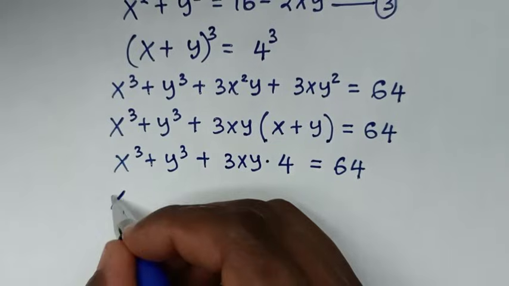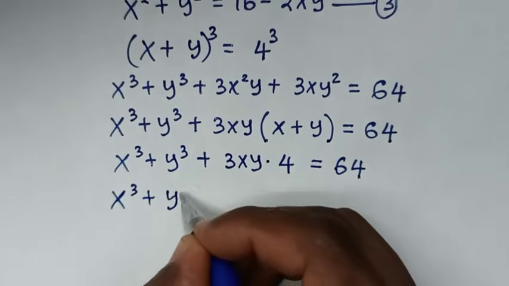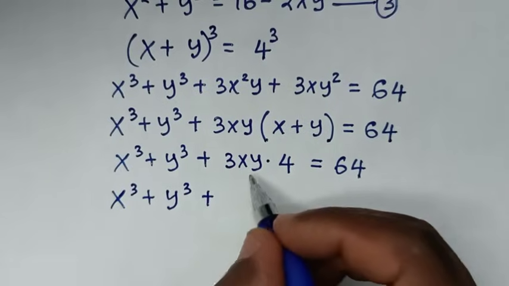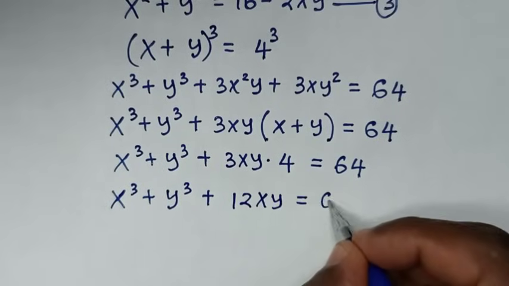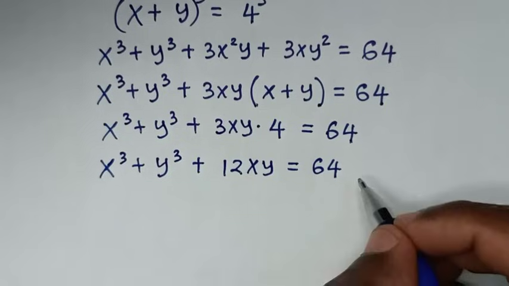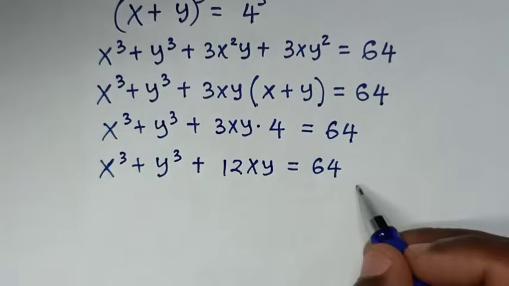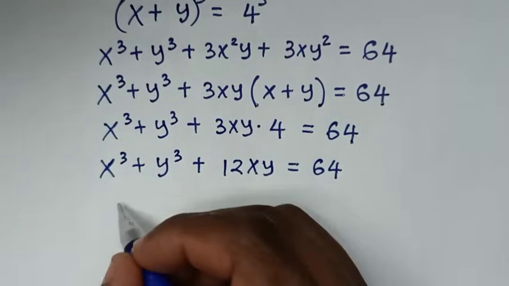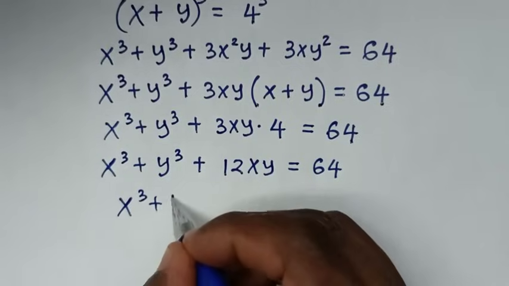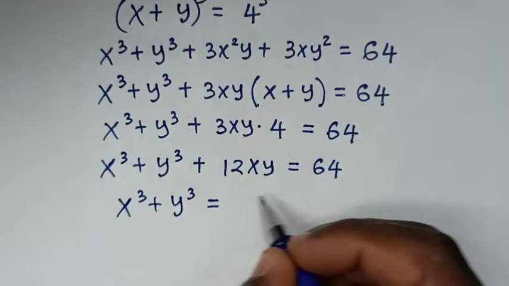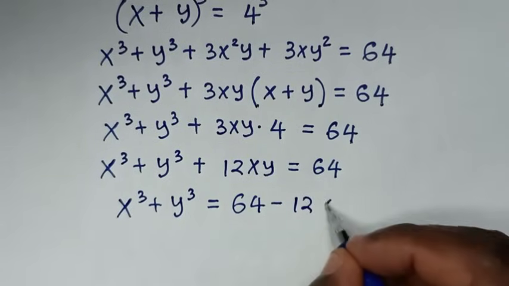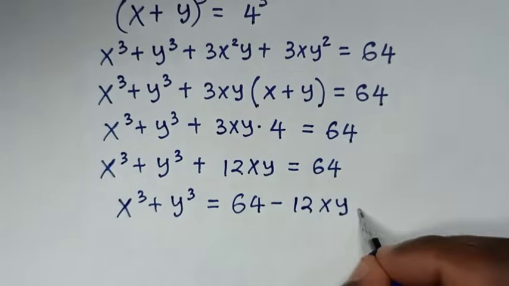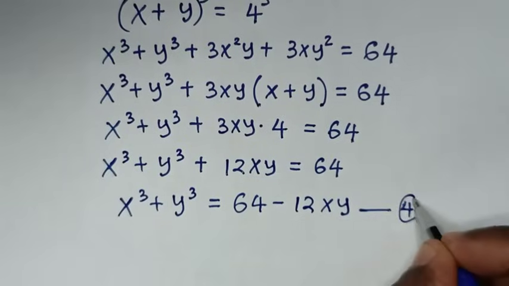Then it will be x^3 + y^3 + 12xy = 64. Then we take this to the right side. So it will be x^3 + y^3 = 64 - 12xy. We'll call this equation 4.